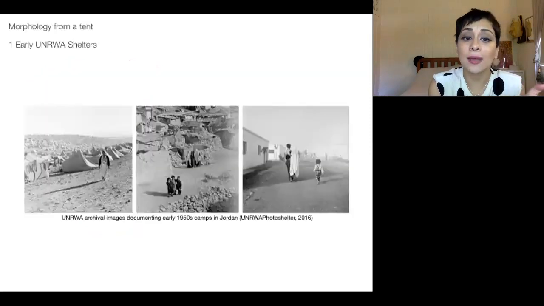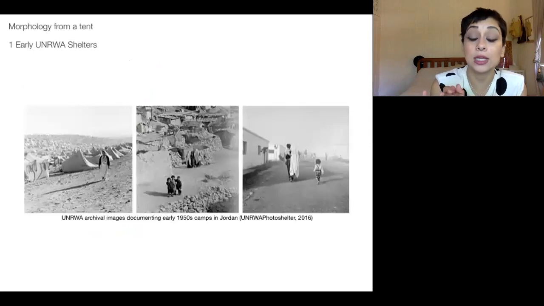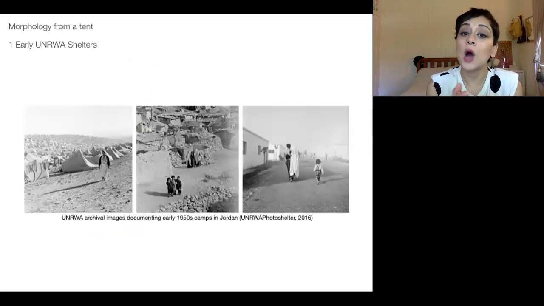So refugee camps that started in the early 50s started just like refugee camps start today. But after a while, the Palestinian refugees started splitting those single space tents using blankets for more private arrangements.